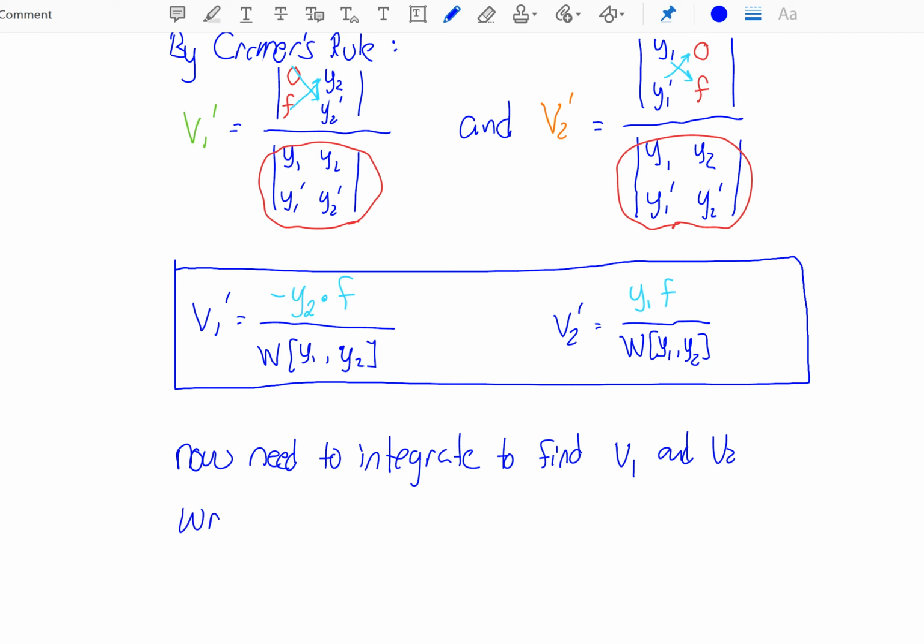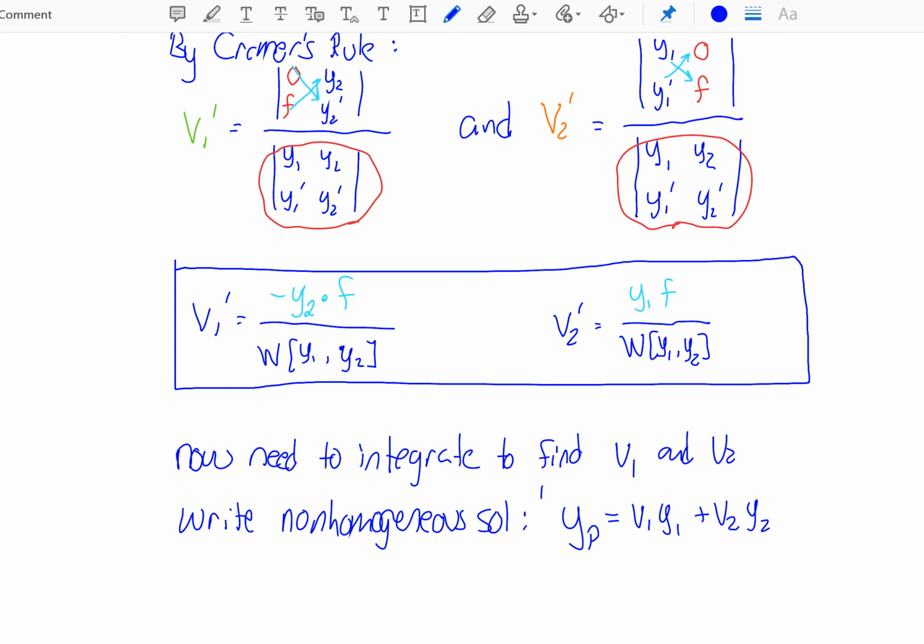Then you can write the non-homogeneous solution yp as v1 y1 plus v2 y2, where y1 and y2 were your homogeneous solutions, and v1 and v2 are the solutions we just found using the variation of parameters technique.